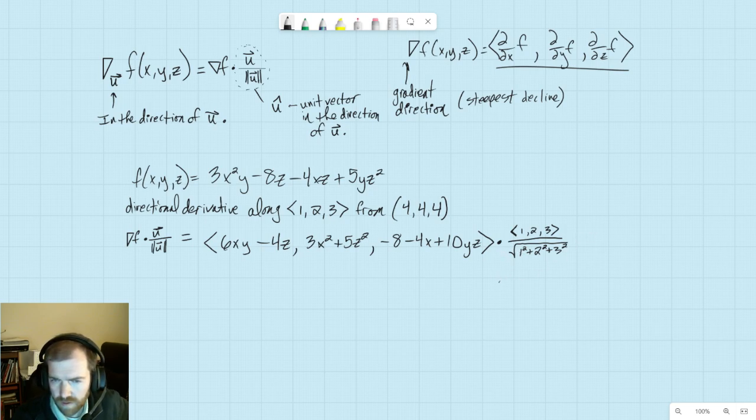So all this stuff multiplied by 1 over root 14, not 14th, comma, 2 over root 14, comma, 3 over root 14.